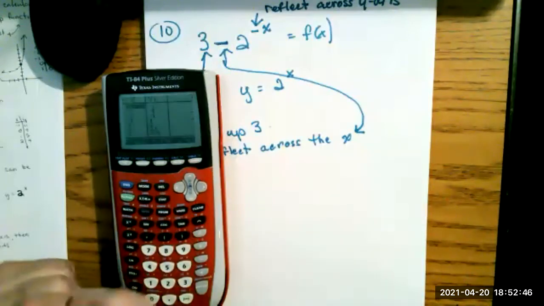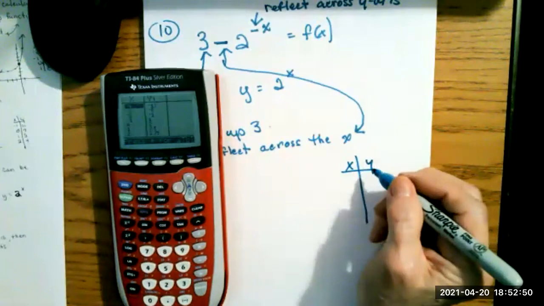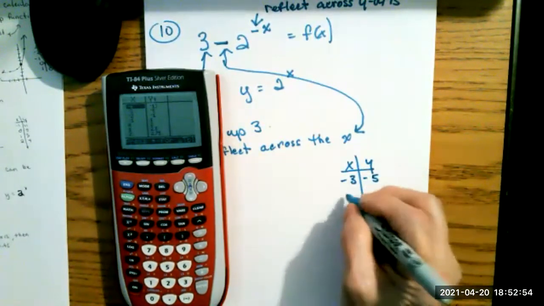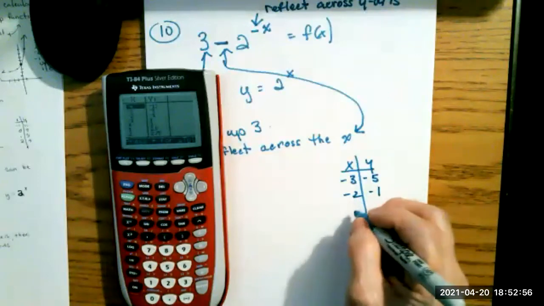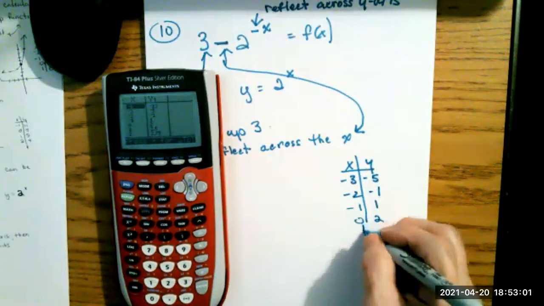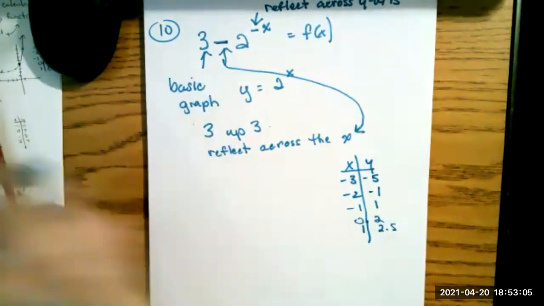Now let's do the table and pick out some values that we can use. There's an asymptote coming up there.